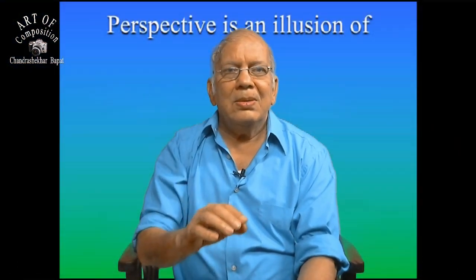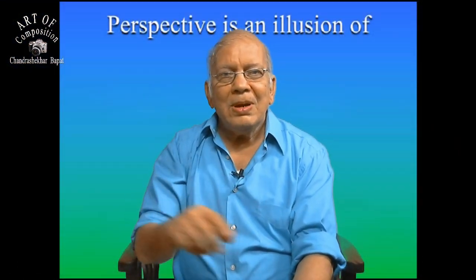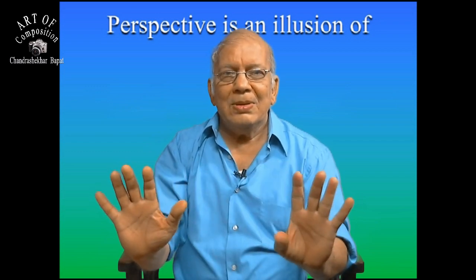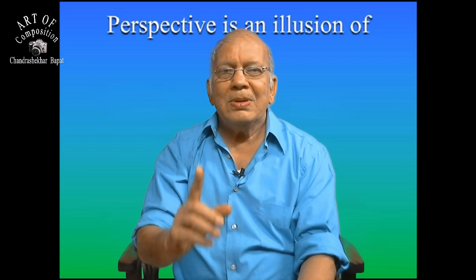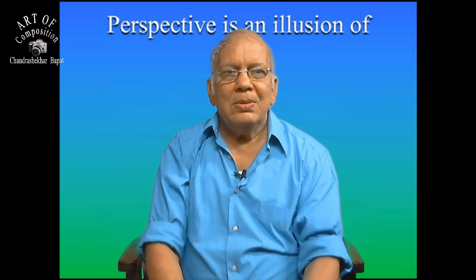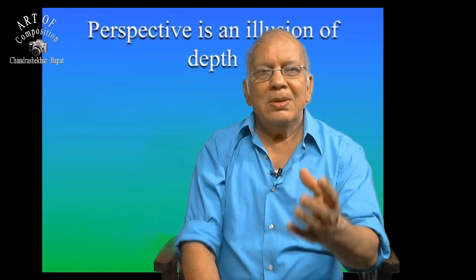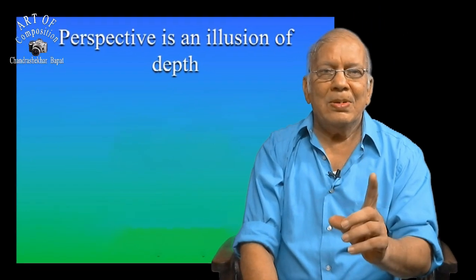A picture that accurately portrays the length, width, and thickness of objects while creating an illusion of depth is an example of perspective in art. Creating the illusion of three dimensions in an image on a two-dimensional surface is one of the main objectives of perspective. To create the illusion of three dimensions in a photograph, various techniques are employed.